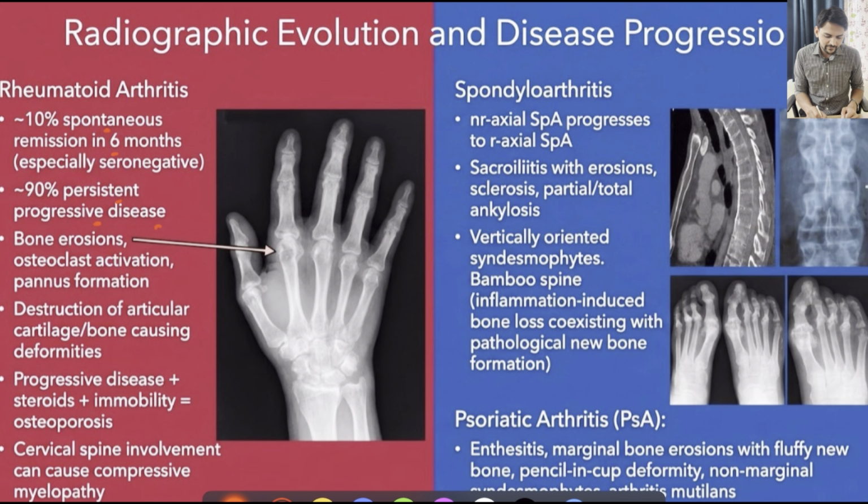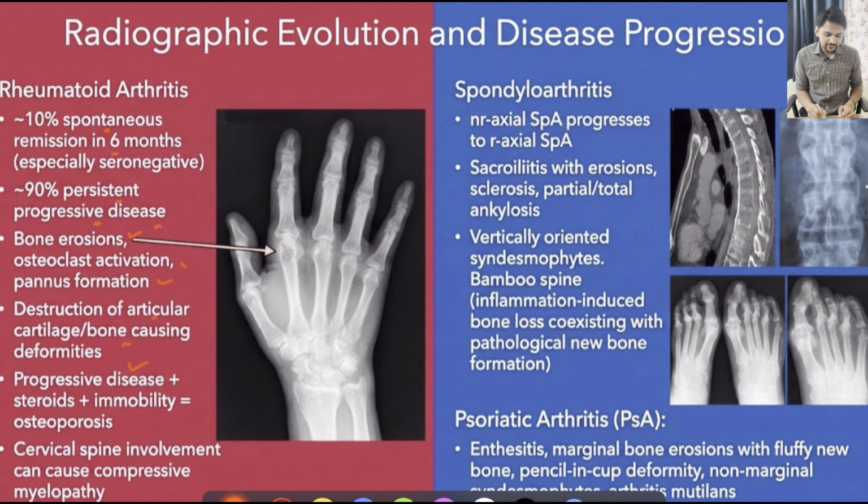So because of this persistent progressive disease, we will be able to see the hallmark skeletal changes like bone erosions, osteoclast activation, and there might be synovial tissue inflammation leading to pannus formation. There will be destruction of articular cartilage as well as bone, leading to reduced joint space.